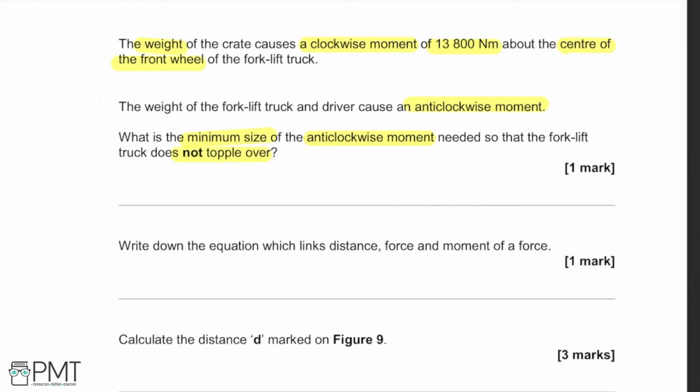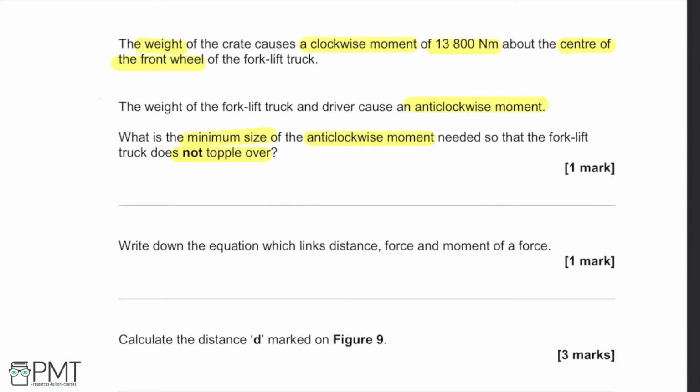So in order for this truck not to topple over, it has to at least be in equilibrium. The anti-clockwise moment has to equal the clockwise moment. So for an object to be in equilibrium, we have this law that the clockwise moment needs to equal the anti-clockwise moment, and that is the principle of moments.